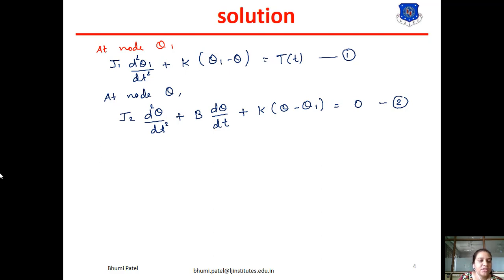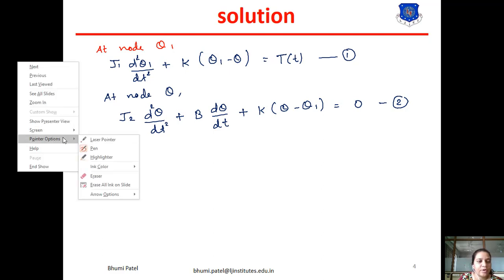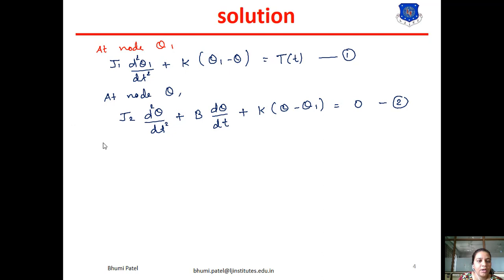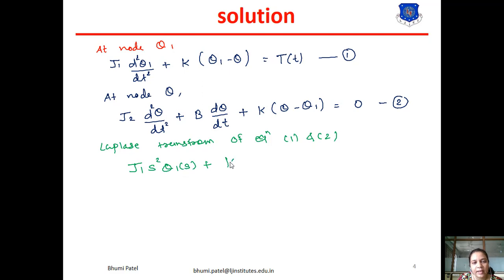Now the third step is the Laplace transform of equation number 1 and equation number 2. Taking the Laplace transform of equation number 1, we get J1 s square theta 1(s) plus K in brackets theta 1(s) minus theta(s) is equal to T(s).